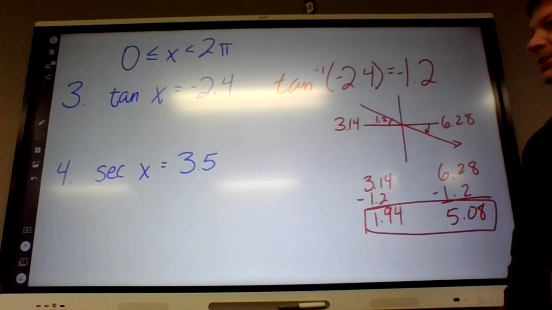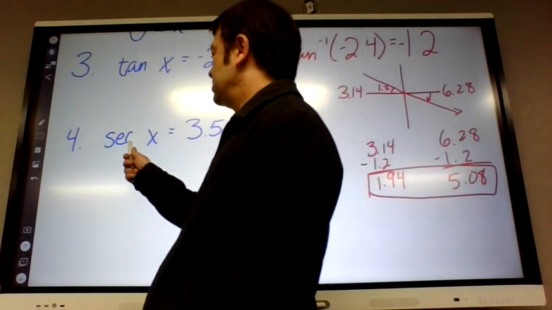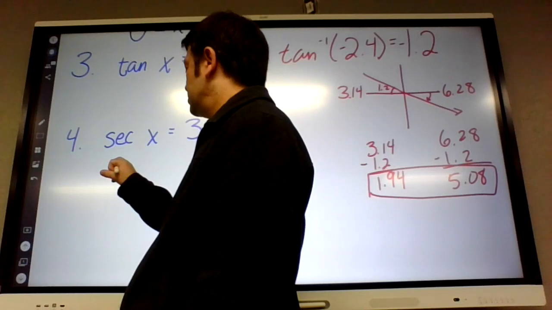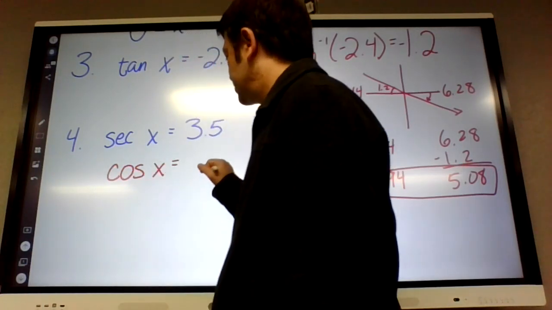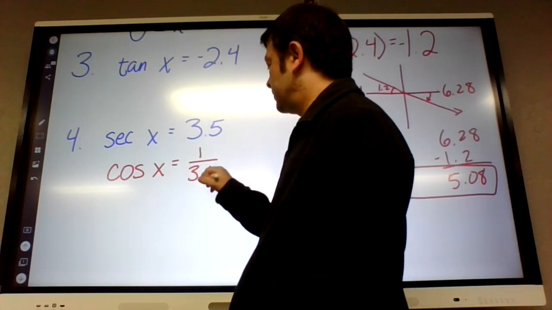Okay, how do we deal with secant or cosecant or those things? Secant turns into what? Cosine. So cosine of x equals 1 over 3.5.